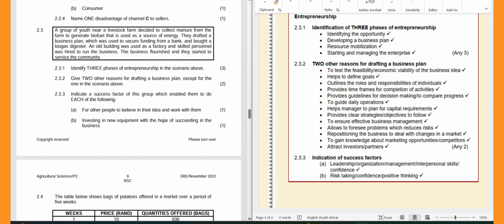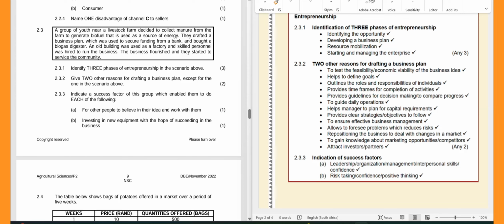2.3.1, identify three phases of entrepreneurship in the scenario above. Okay, identifying the business opportunity. That's point number one. Developing a business plan. That's point number two. Mobilize resources that will be needed.